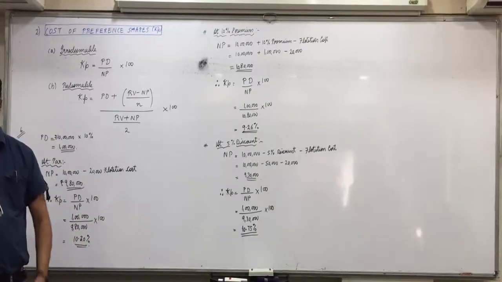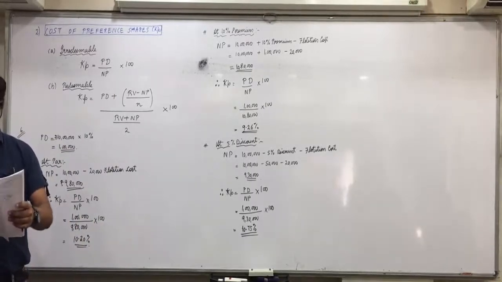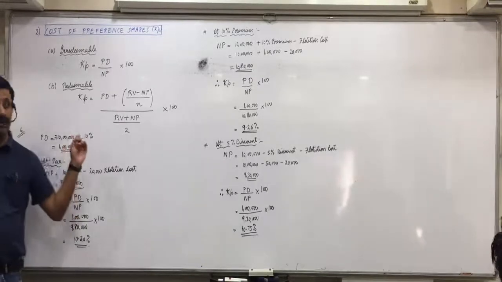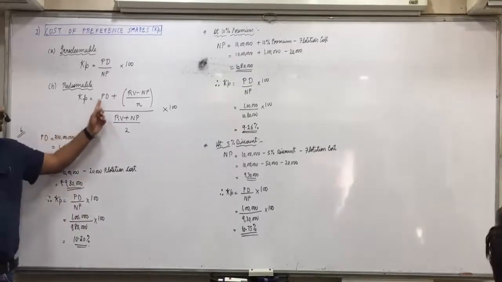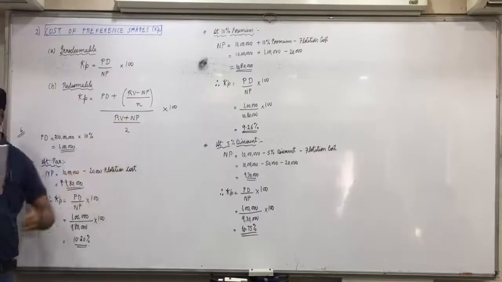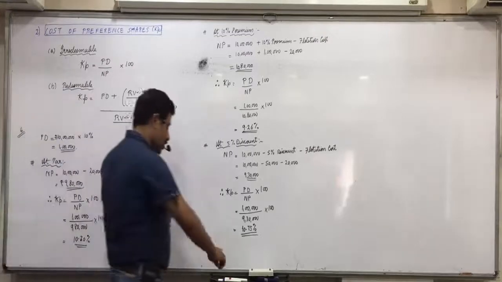Anyone having any doubts? So this we have to solve with the formula of redeemable preference shares: PD plus RV minus NP upon N, upon RV plus NP upon 2, into 100. So let us solve it.